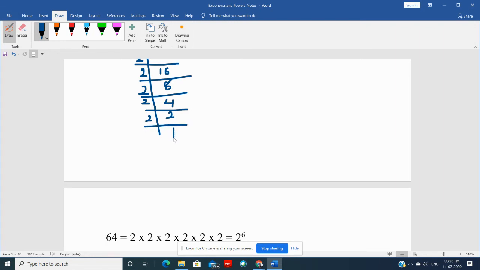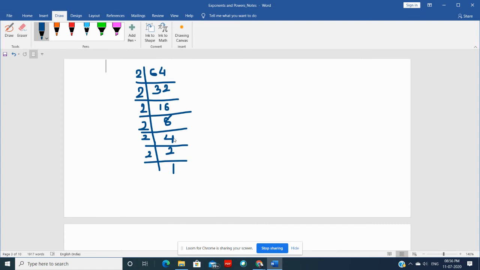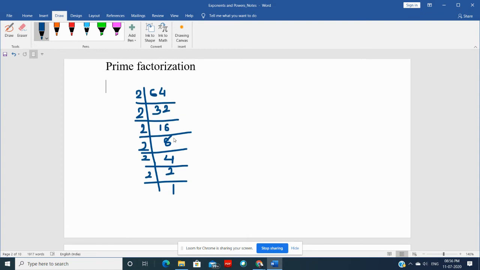Once we have 1, we are done. So the prime factorization of 64 is 2 2 2 2 2 2.